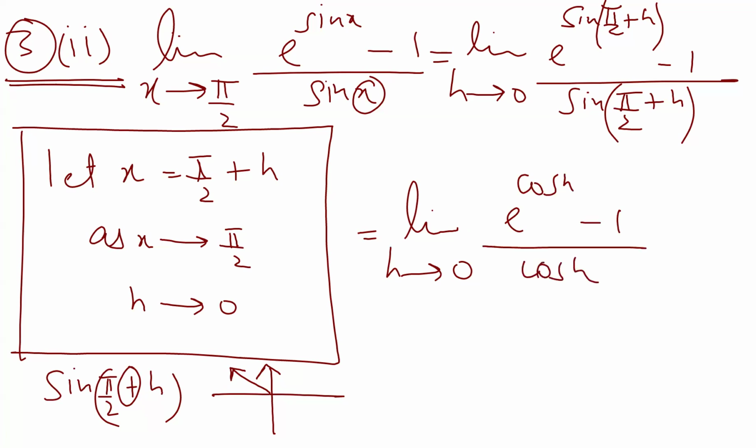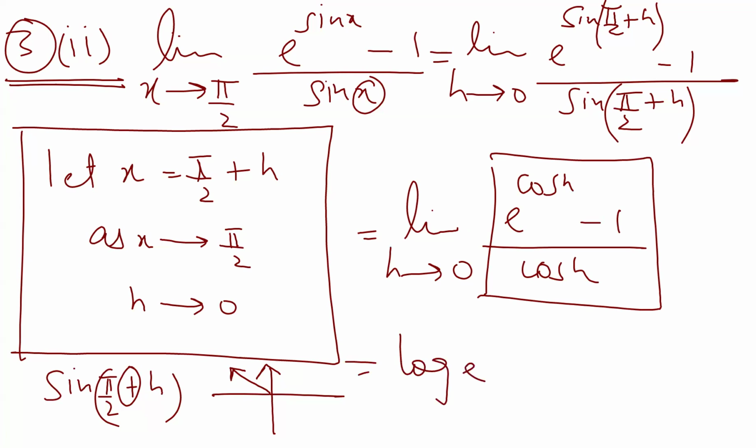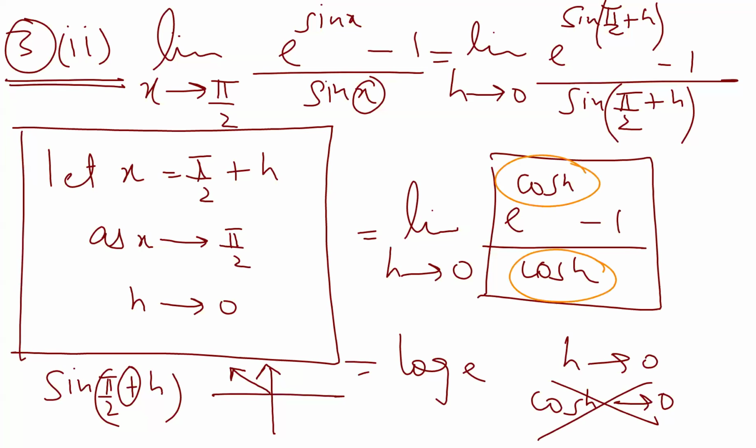I think this method will not be applicable. I'll tell you why. This is equal to log e as per the formula. But if h approaches 0, will cos h approach 0? The answer is no, because we applied the formula for cos h. The moment h approaches 0 or very near to 0, cos 0 will approach 1.